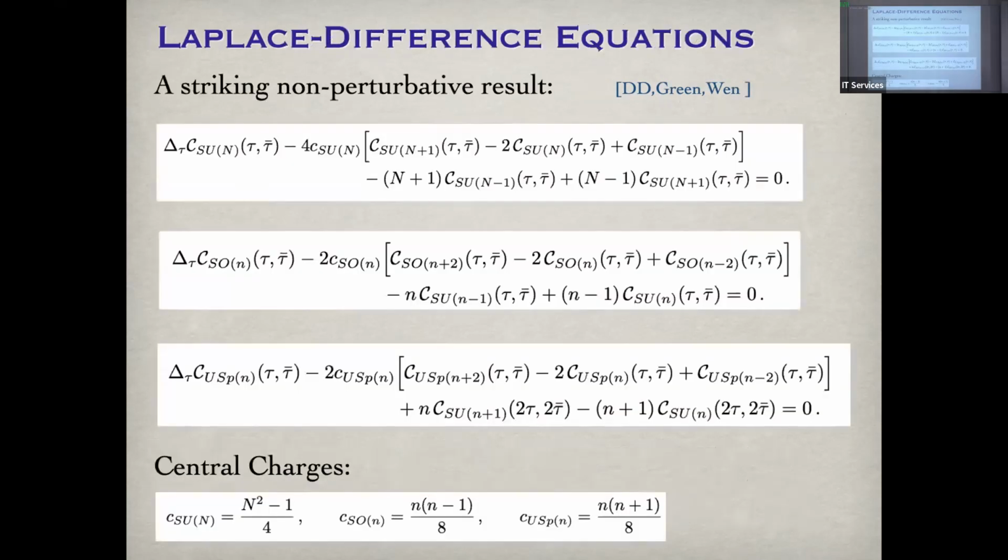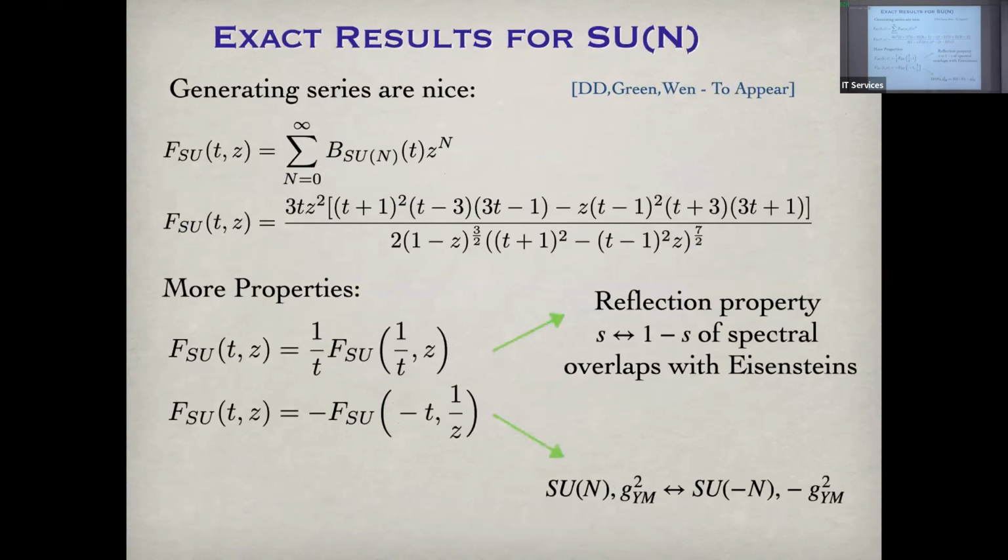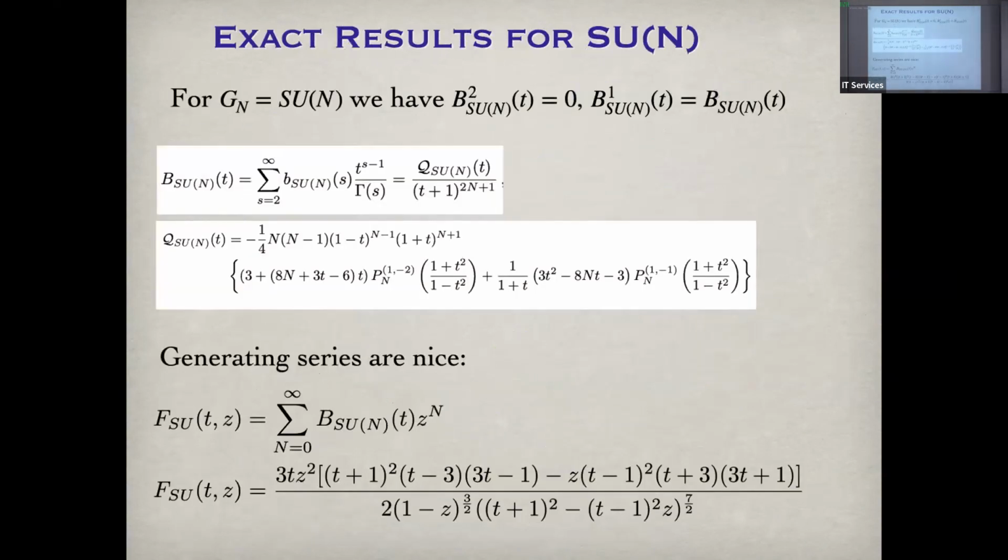The other thing that I want to mention is that we found some very interesting Laplace difference equations satisfied by these correlators. So let me go back to the previous correlator where it's easier. Good. So in here, for the SU(N) correlator, we got this nice expression written in terms of Jacobi polynomials.